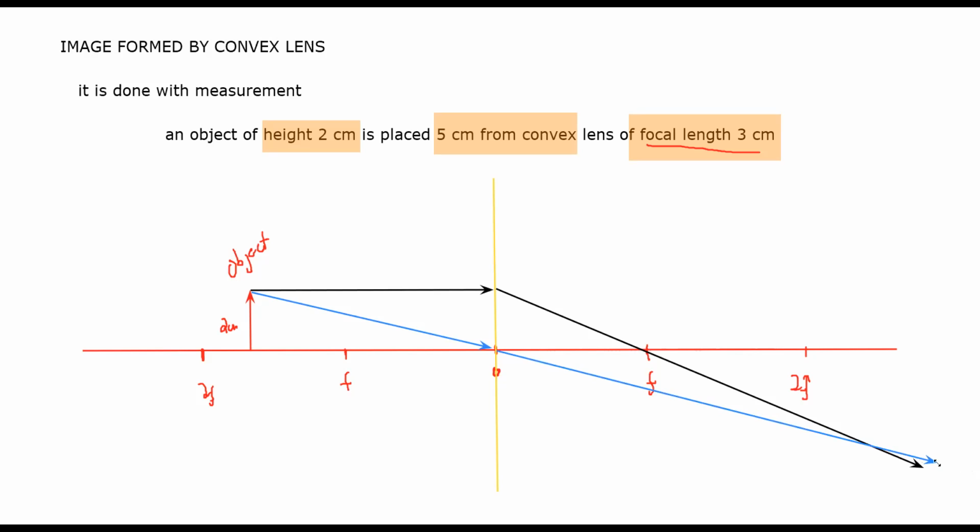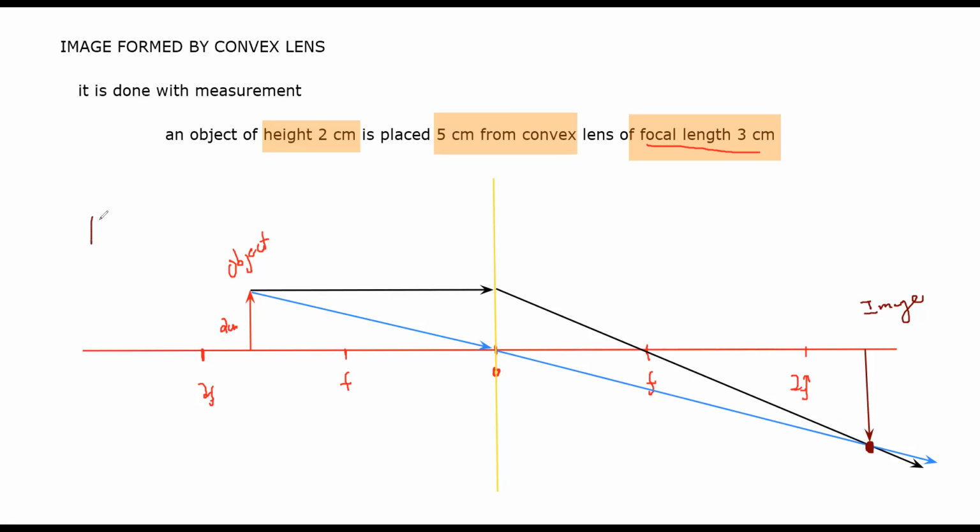And the point where these two light rays intersect, that is the point where the image will form. So how will the image appear? The image will appear upside down. Because you started with the tip of the object, the point where the two light rays intersect will be the tip of the image. When you compare the object with the image, it appears that the object is upside down.